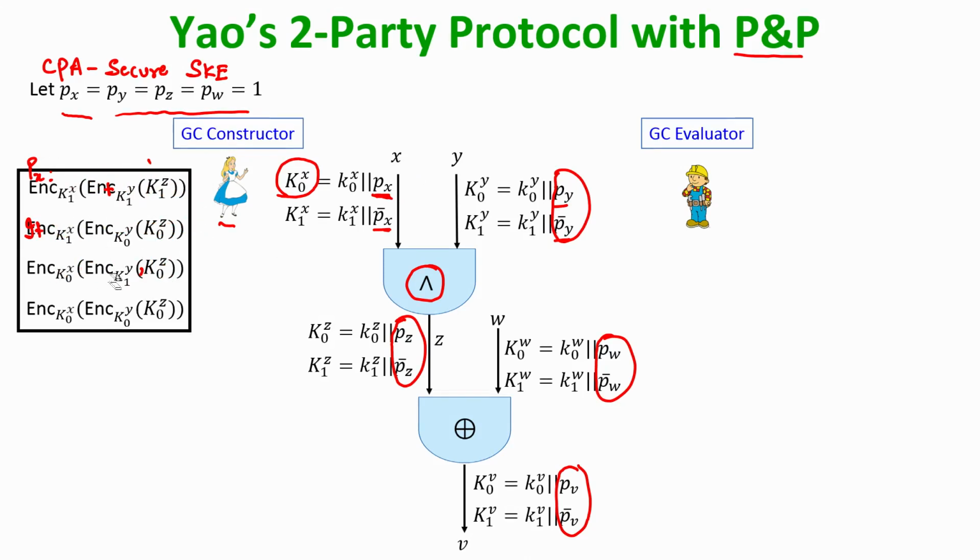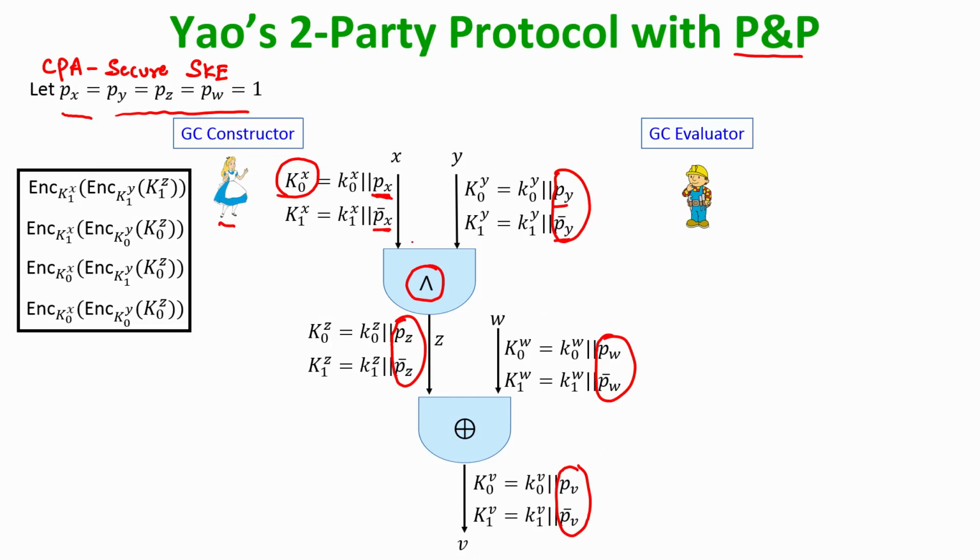So, the choice of the shuffling of the 4 ciphertexts for the garbled AND gate is now decided by the values of these 4 permutation bits. What does it mean?